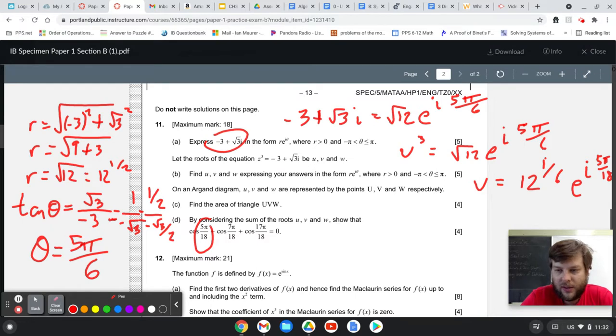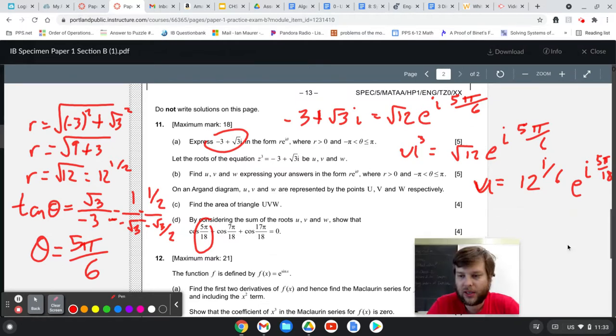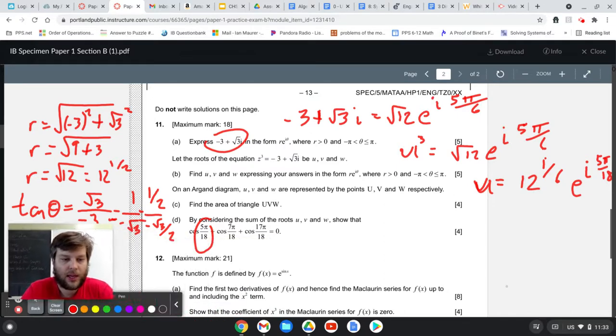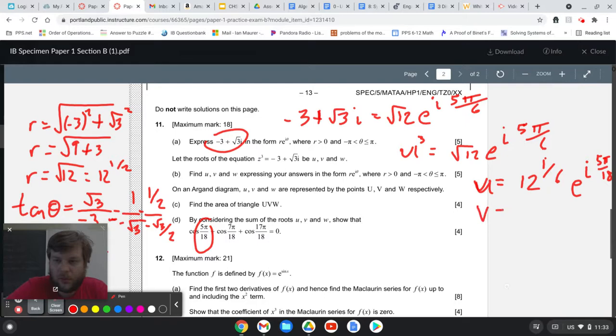Now to get the v instead of the u, so this is my u, put a little tail on it. To get my v, I'm going to add 2 pi to my original angle. So let's move this to the side. So v to the third power is square root of 12 e to the i.